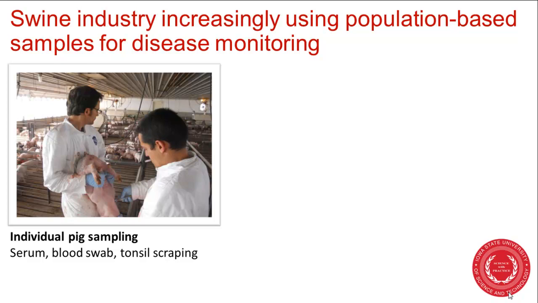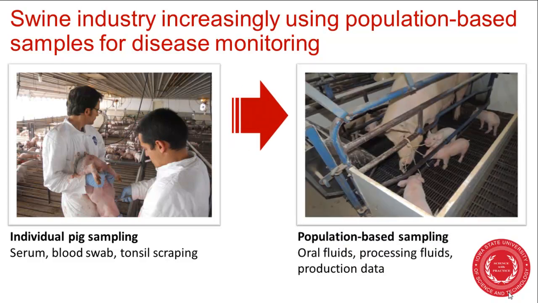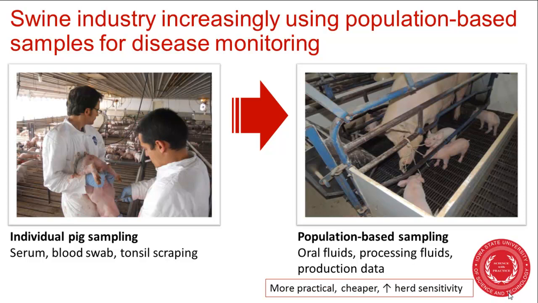Not that individual pig sampling or collecting serum, blood, swab, tonsils, feces is not important or efficient, but if you look at things like oral fluids or processing fluids, production data, things that measure a population status of disease, it's easier, cheaper, more practical, and has greater herd sensitivity, especially to detect diseases at low prevalence, where you would need several, sometimes thousands of individual pig samples, which is cost and time prohibitive under field conditions.